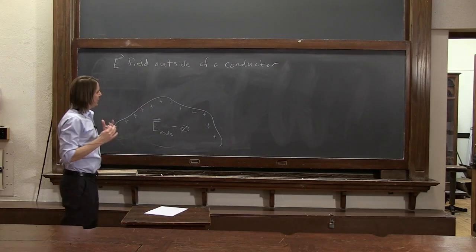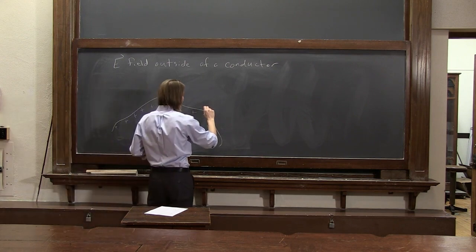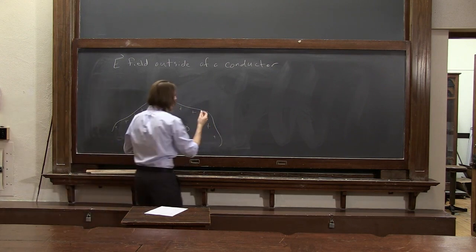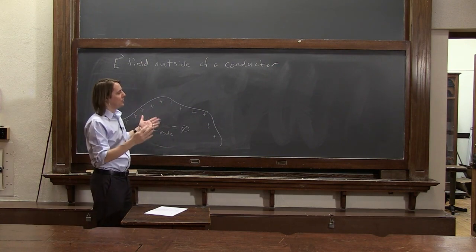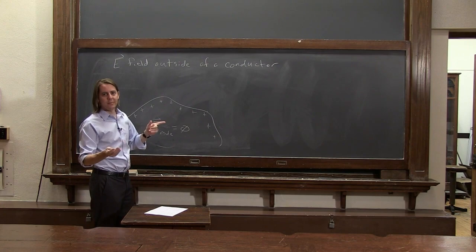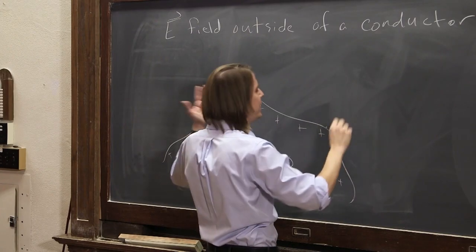So let's think about now the E field outside. Anywhere you go, the E field just outside could exist, and in a Cartesian coordinate system it could have 3 components, x, y, and z. Let's do this in 2D since we're writing on the board and say it could be in any direction.